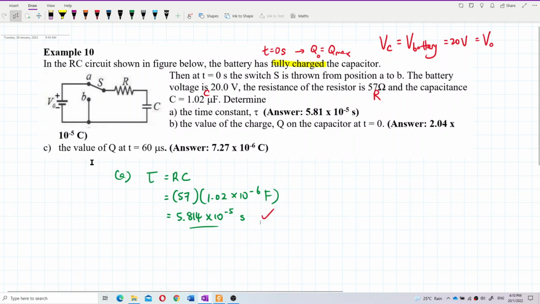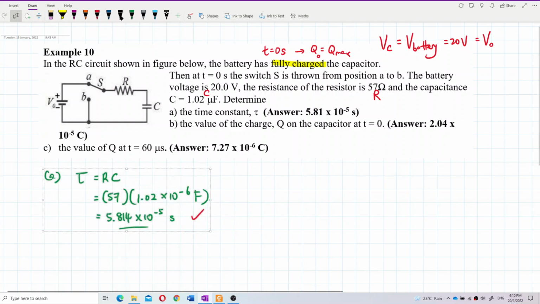Next question, look at B. What is the charge at 0 second? As I said, at 0 second the battery has already fully charged the capacitor, so it should have the maximum charge.